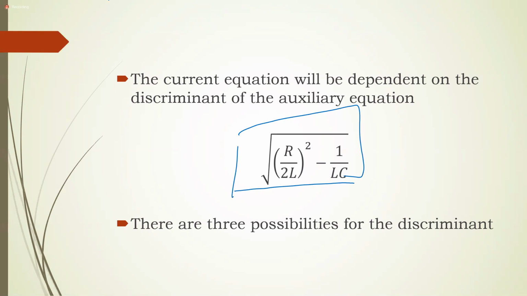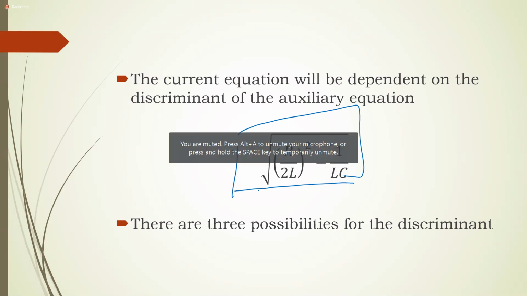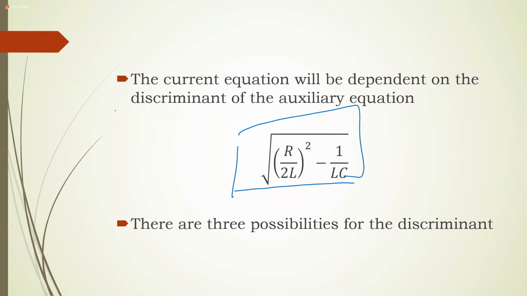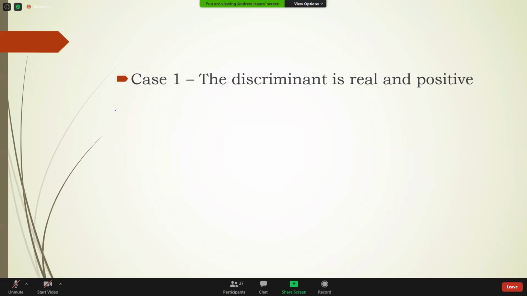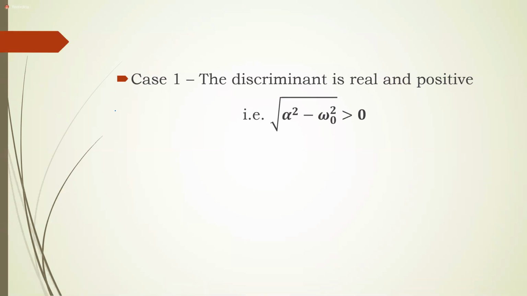All right. So what are these possibilities? As I just said, the first possibility is that the discriminant is real and positive. So in other words, alpha squared minus omega naught squared is greater than 0.